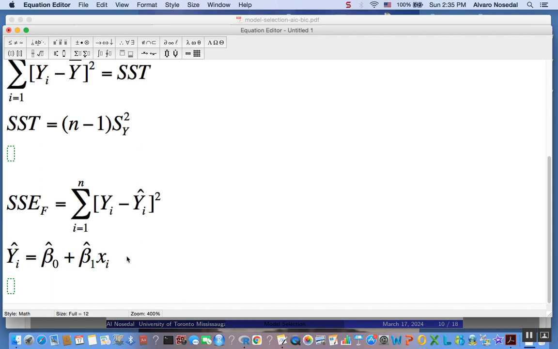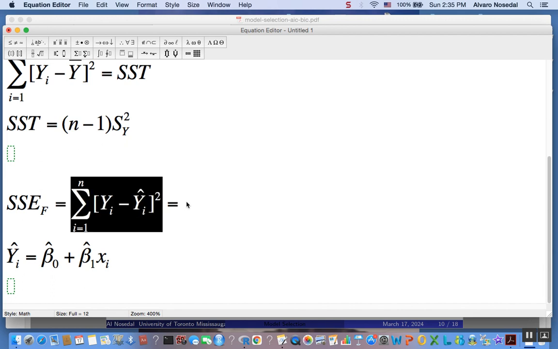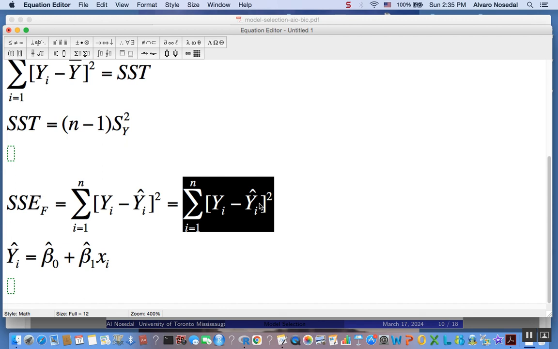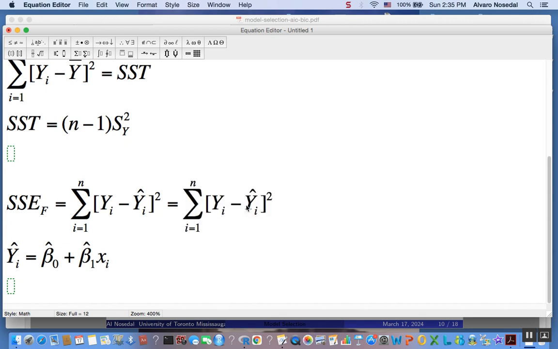Another way of writing this down, instead of the difference between your observations and your predictions, you could use epsilon hat, which means the residuals. Agreed? Because that's the difference between observation and prediction: residuals. Okay?